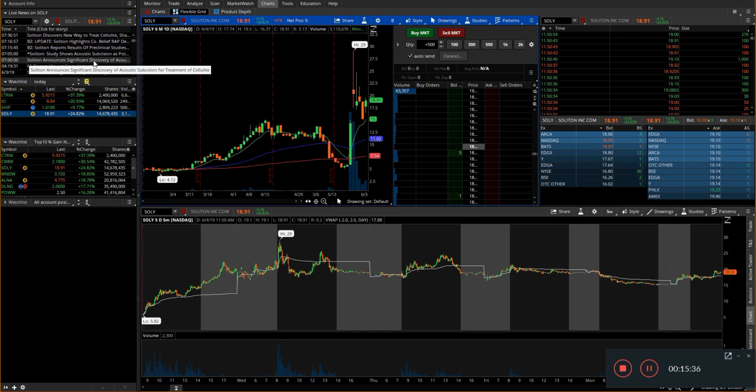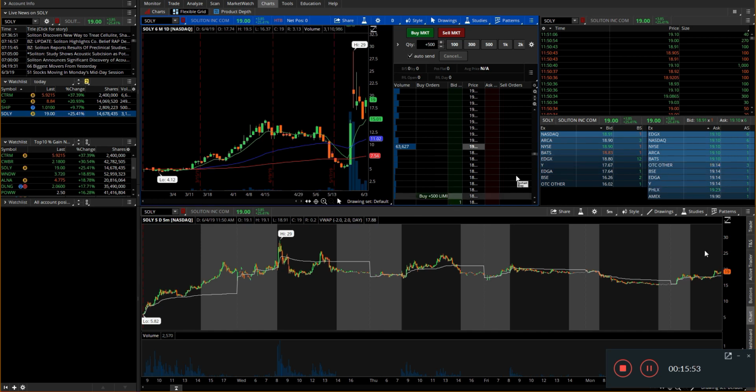So I don't know really what all that means. They discovered something that was significant to them in their treatment of cellulite. So if investors think that's a good thing, usually significant discoveries can be good things, then you have a catalyst. You have a reason to trade it. So that's there. We do have a reason.